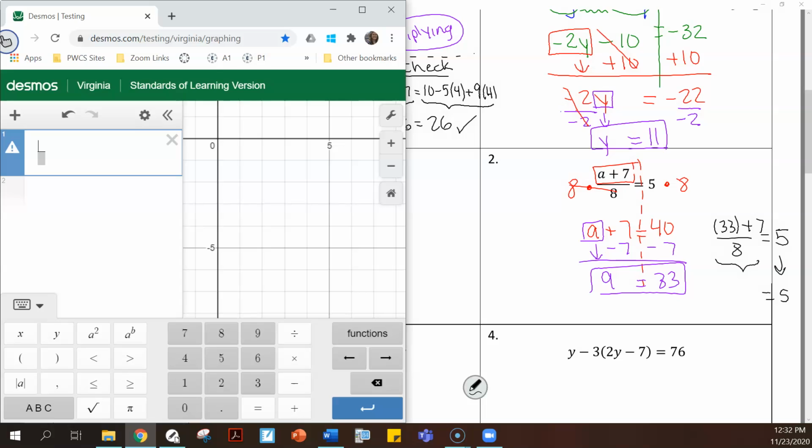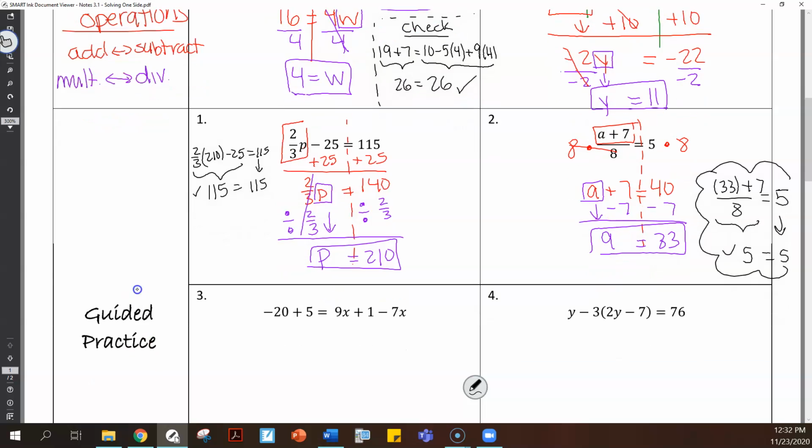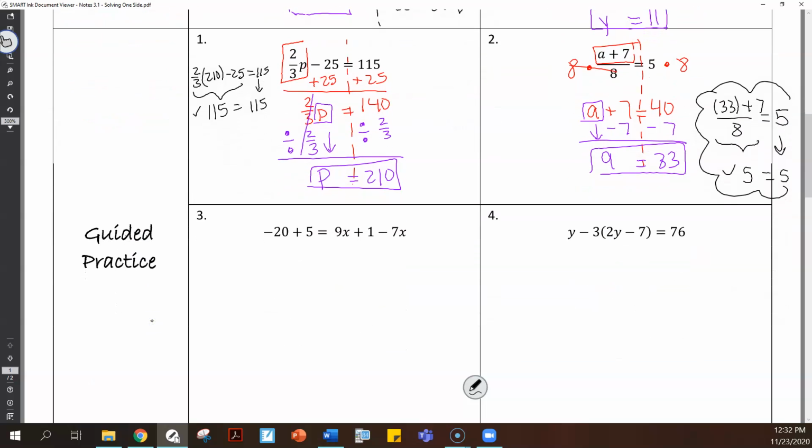Again, you can put this whole thing in the calculator by opening your fraction first. 33 goes in parentheses, plus 7, and 8 goes in the bottom. And that does give us 5. 5 equals 5, so this is correct. Okay. So those are two-step equations, but they can be a little tricky, so I wanted to make sure that we talked about those.